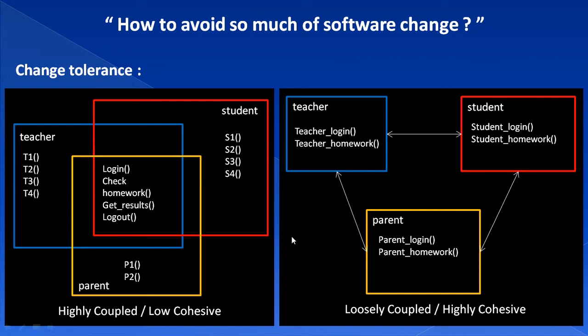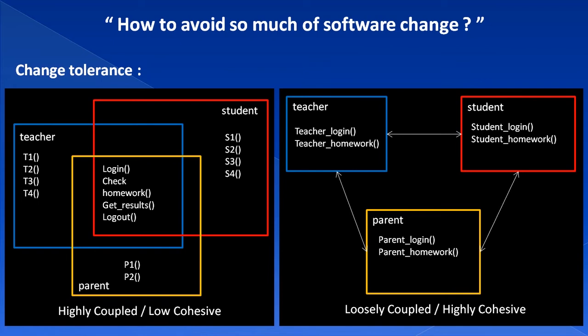So if an issue arises in the teacher's login, the student login and the parent login will not be affected, because they are loosely coupled and have their own login modules. That we call cohesiveness, having their own system for their own modules. That kind of modularity is called highly cohesive.